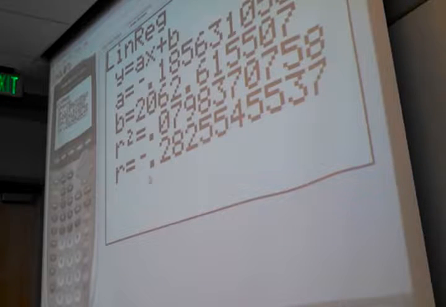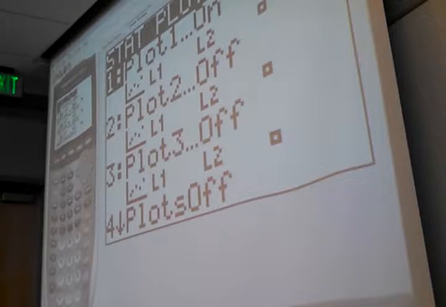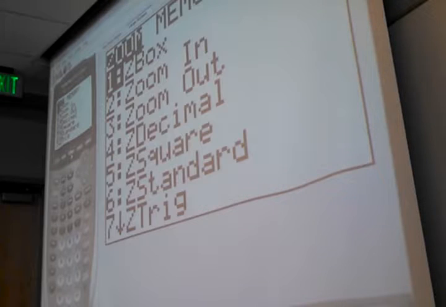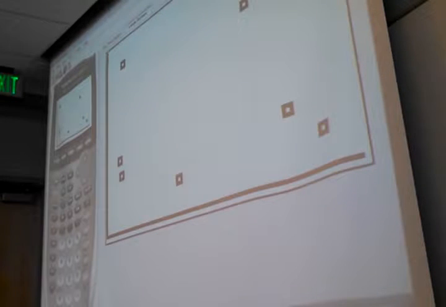And anybody trying to graph this yet? If you get the scatter plot by itself, make sure you've got your stat plot turned on. And then, of course, if I hit graph right now, I'm going to get the old line from the other day. But do I see any of my data? Nope. Why not? Zoom 9. I like it. So there's my data.